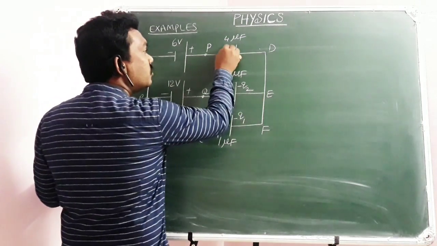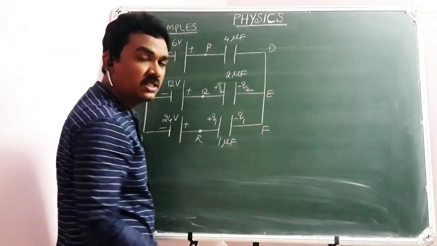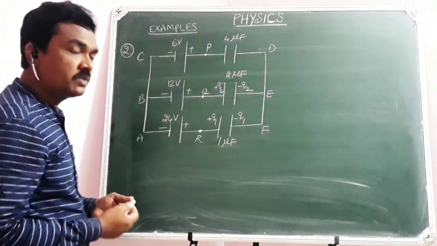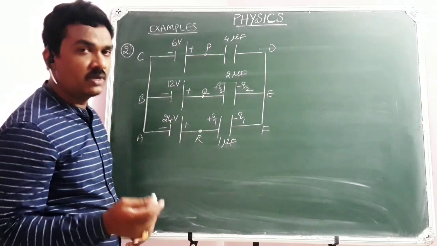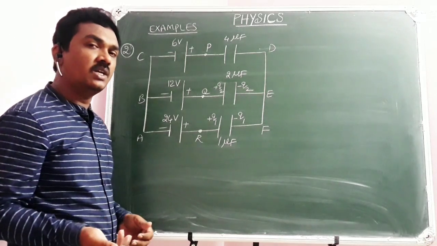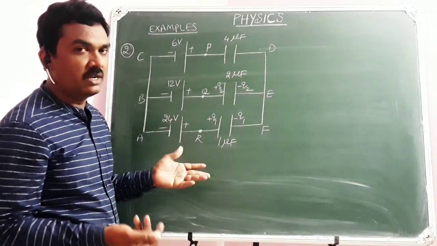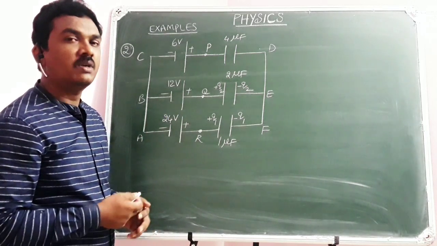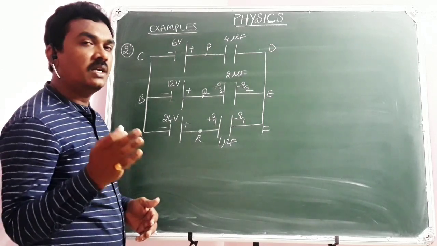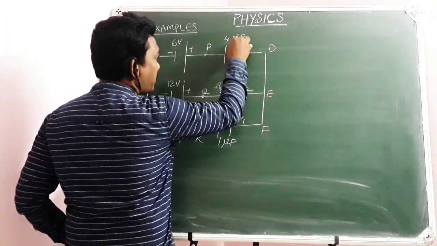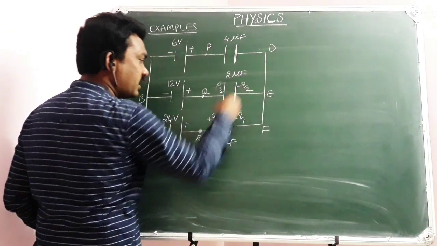So that here you don't write Q3, don't increase the number of variables. Try to take as less as possible number of variables which can be solved easily. Of course, if you are taking Q3 also you can solve because you have 3 loops, you come across 3 different equations, you can. But for the simplification purpose, let us confine to only 2 variables. How? Yes. See this plate and this plate.